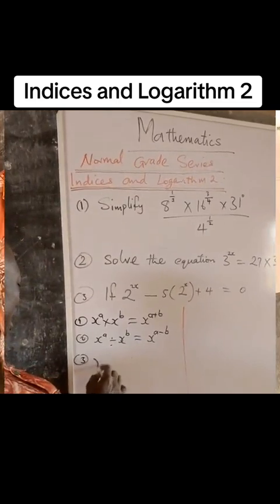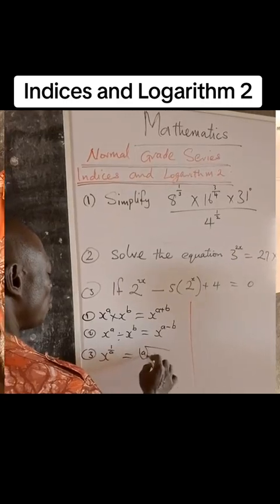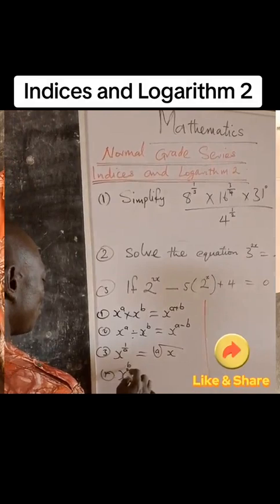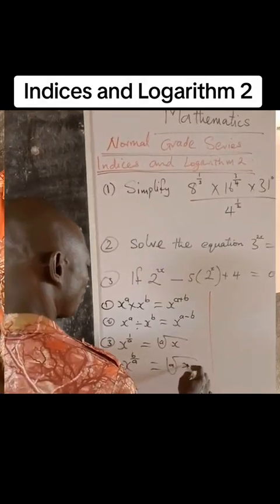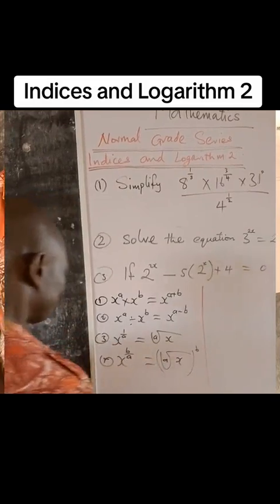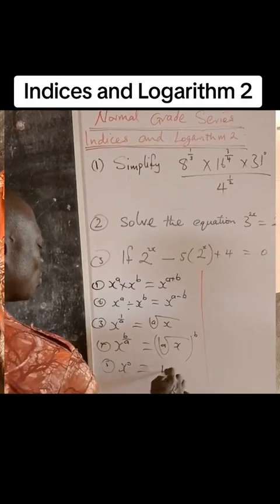Three, x raised to the power 1 over a is equal to a root of x. Four, x to the power b over a is equal to a root of x, all raised to power b. And number five, x raised to the power 0 is equal to 1.